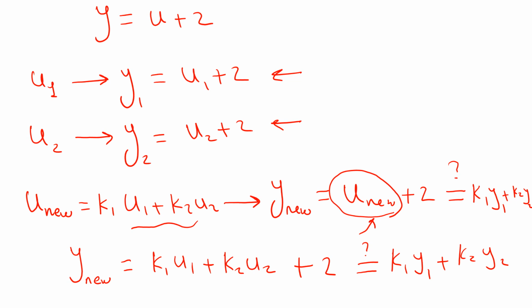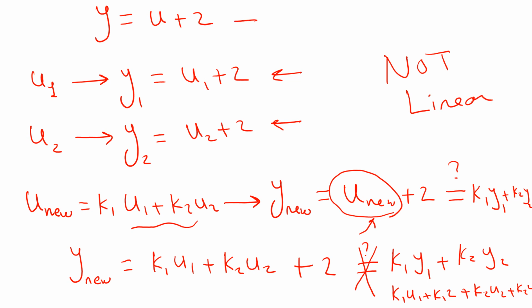We can write it down: k1 y1 is equal to k1 u1 plus k1 times 2, plus k2 u2 plus k2 times 2. Apparently the two sides do not match and the system is not linear. So even though the input-output equation looks like a line equation, as long as we couldn't satisfy the superposition principle, this system is not linear.